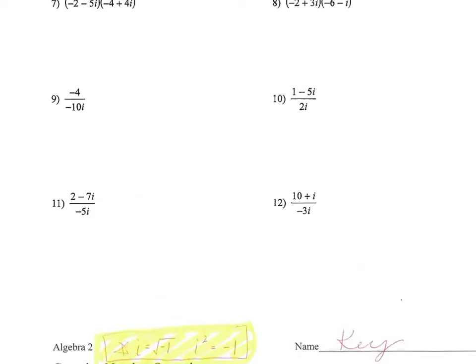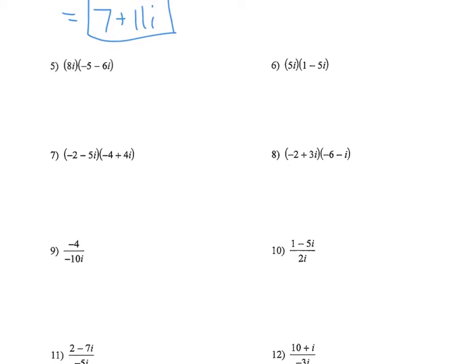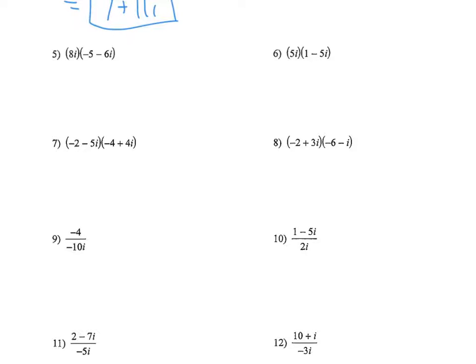Oops, let me pull that back down. So when we're distributing, I'll do number 5, you do number 6. I'm going to do 8i times -5 and 8i times -6i. That gives me -40i. Okay, that's fine to have in my answer, but also minus 48i squared.